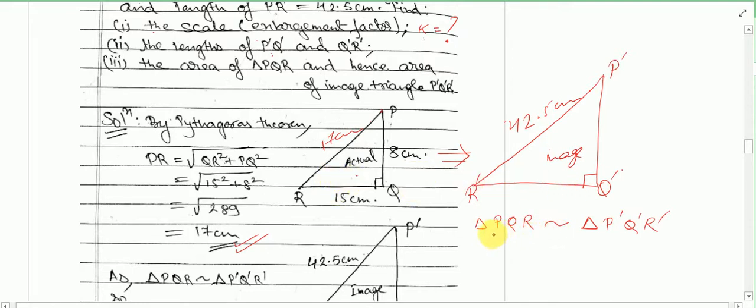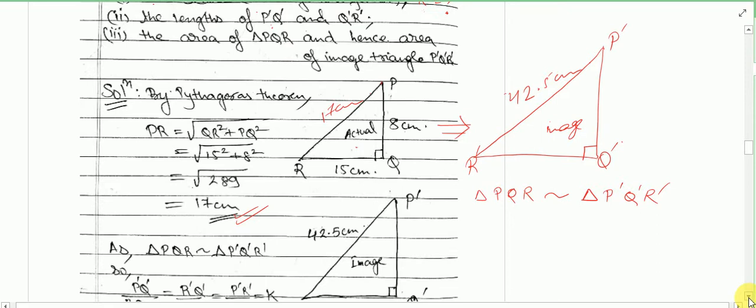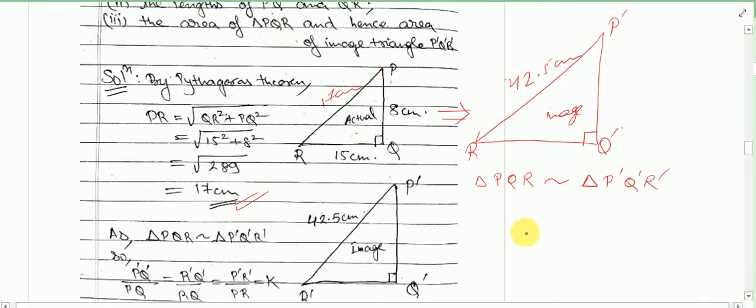Once they are similar, corresponding sides are proportional, and we can easily find the scale factor.